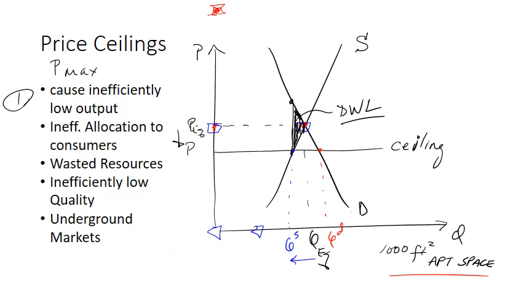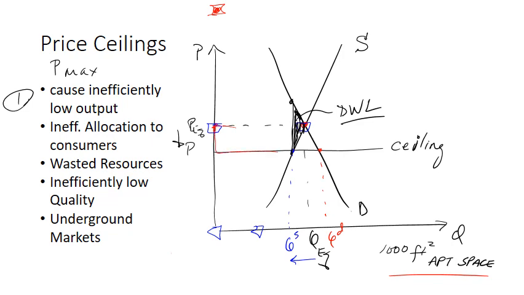Now, aside from seeing the deadweight loss, we can also talk about transfers of producer surplus to the consumer, because of course they're the ones who are going to benefit from this lower price.